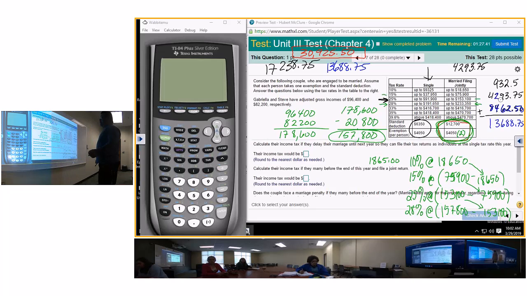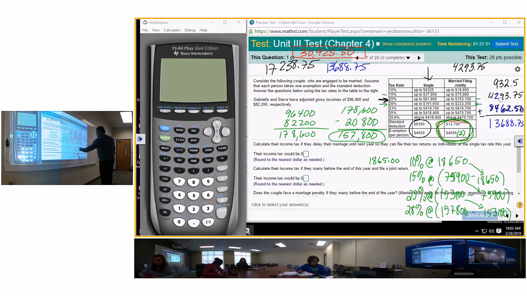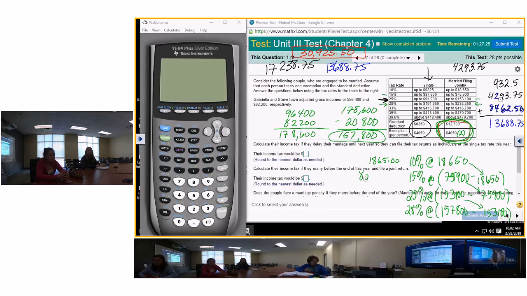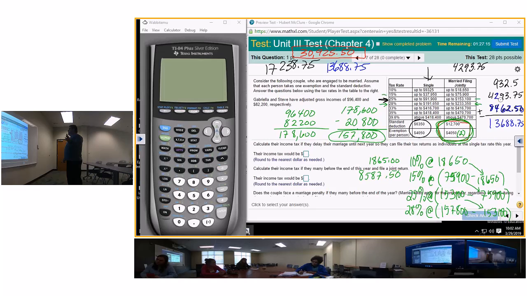Okay, can I trust y'all to do the other three for me? 75,900 minus 18,650 times 0.15. I got 8587.5. Okay, somebody do the next one. 153,100 minus 75,900 times 0.25.